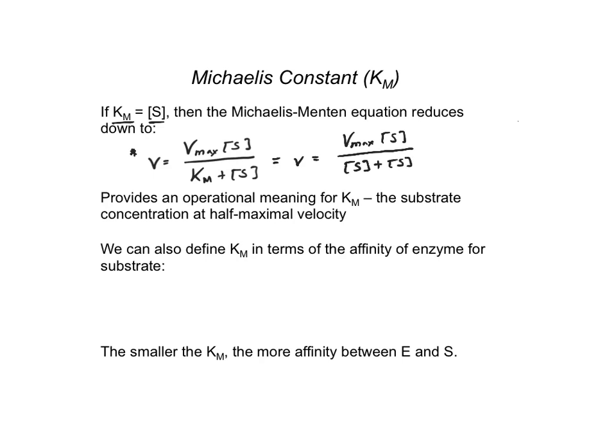And S plus an S, what does that reduce down to? 2S on the bottom. So if we have 2S on the bottom, it's going to cancel with our S up top. And we are going to be left with V is equal to 1/2 Vmax. Okay? So that is a nice, easy working definition for what we can imagine this Michaelis constant to be. This is going to be the substrate concentration where our velocity is 1/2 the maximal velocity, 1/2 Vmax, okay?